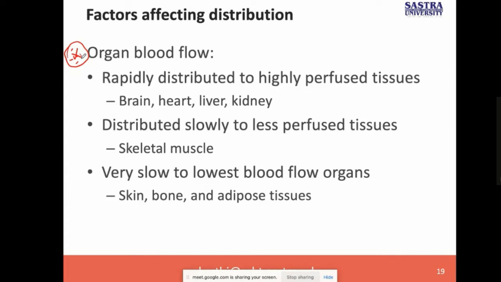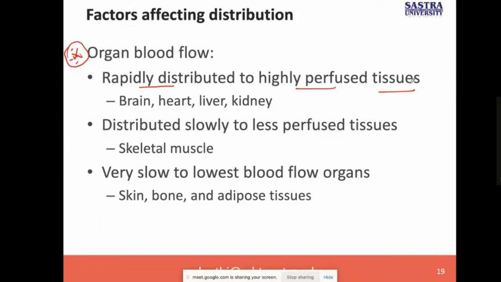So what are the rapidly distributed or highly perfused tissues in our body? If you take brain, heart, liver, kidney, these are considered very rapidly distributed and highly perfused tissues. The rate of flow of blood to these organs is very large.